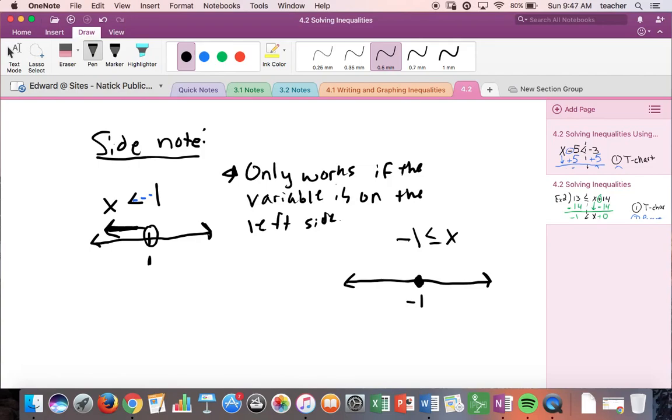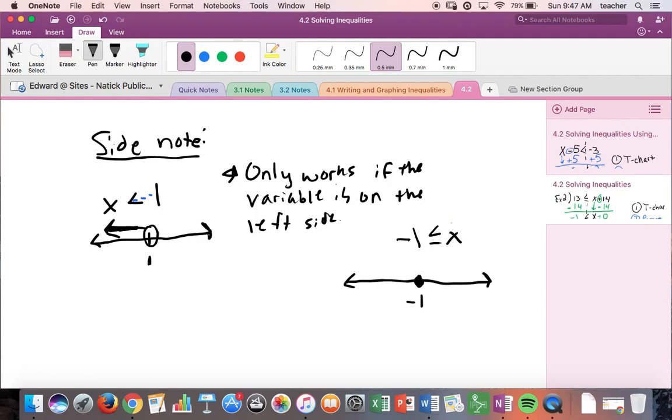It would be a closed circle because of the less than or equal to. And then if we drew an arrow here, the way it was, it would tell us to shade to the left. But we know from what we did up top that we have to shade to the right. So this method does not, I repeat, this method does not work if your variable is on the right side. However, you can rewrite this inequality.